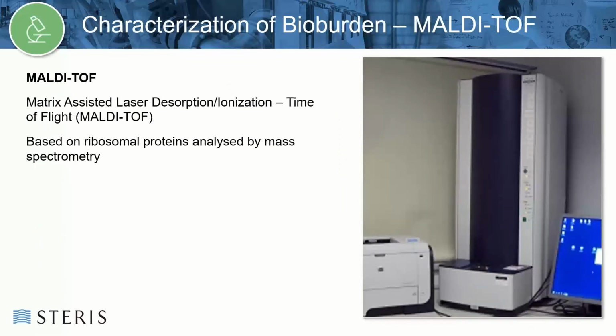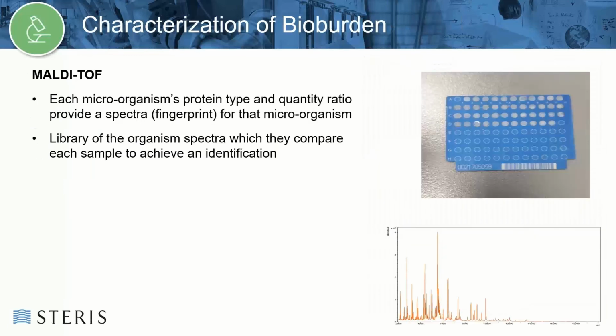To obtain a more specific, higher confidence level match, MALDI-TOF, or matrix-assisted laser desorption ionization time of flight, testing can be completed and is based on ribosomal proteins analyzed by mass spectrometry. For the MALDI-TOF testing process, a smear of the organism to be identified is placed on a target plate, which is the blue plate at the top of the photo, or top of the slide.